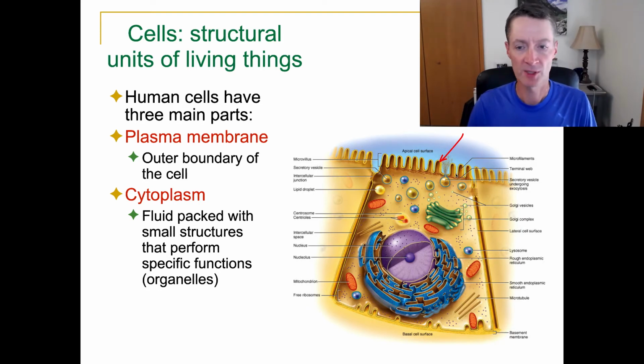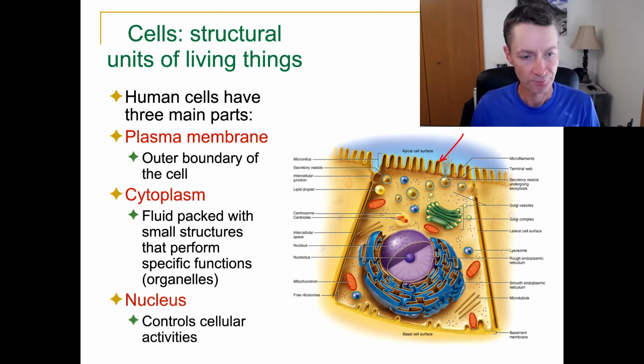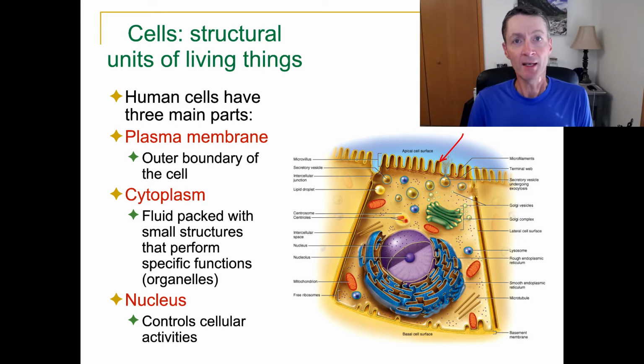They're performing specific functions for that cell to survive. And we're going to have to know some of those organelles, what they do to perform certain functions for each cell.